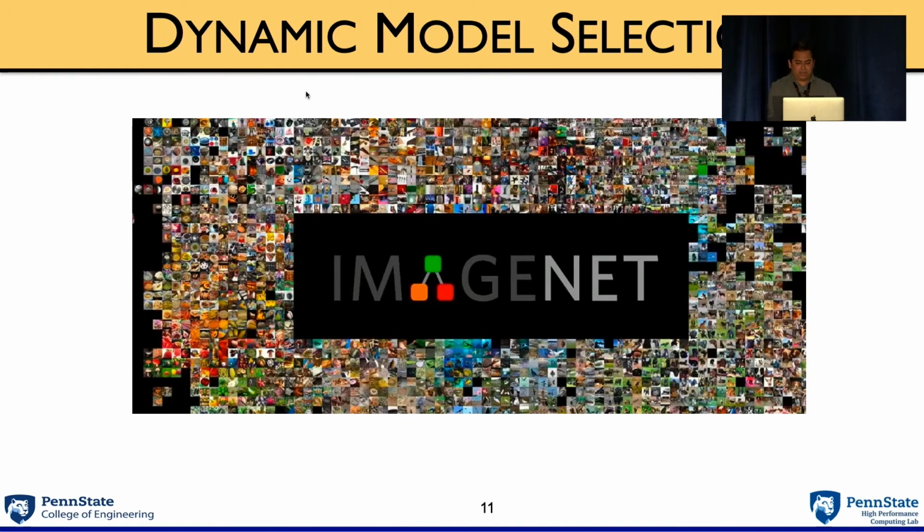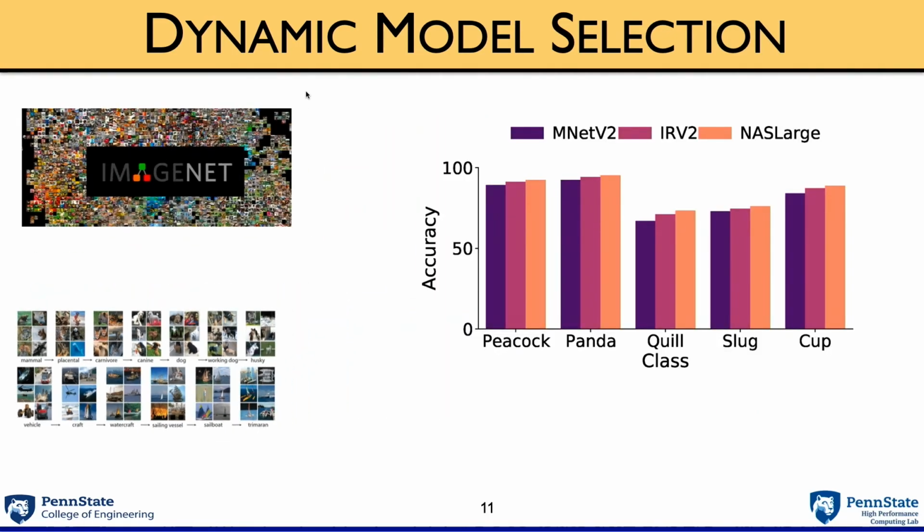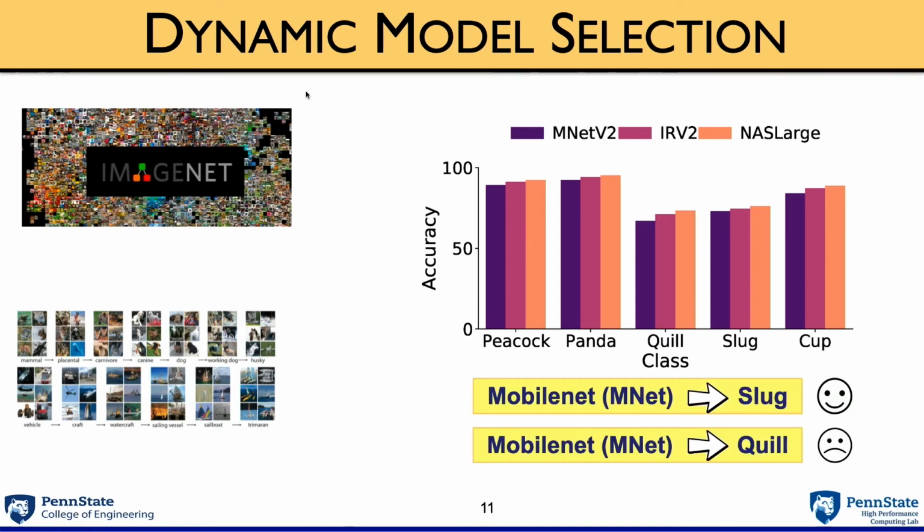We took inspiration from multiple datasets. We did a thorough study and realized that not all models are built equally. Surprise. Most models have better accuracy on some classes and bad accuracy on other classes. For example, take MobileNet, one of the networks that runs on your phones.